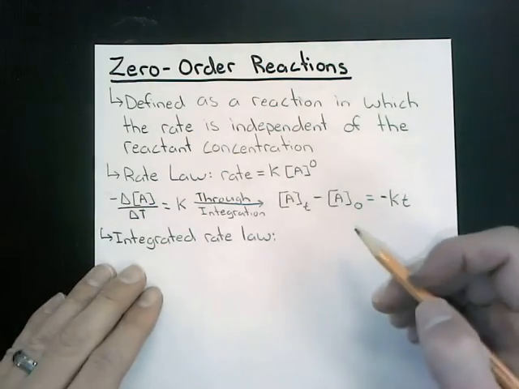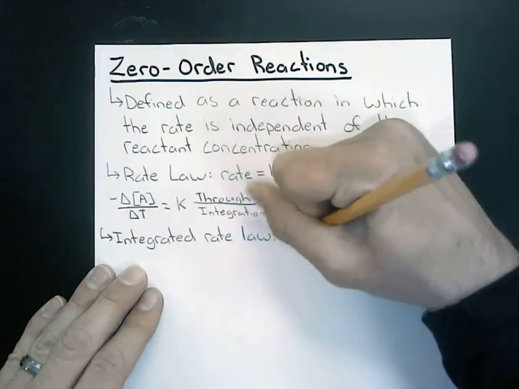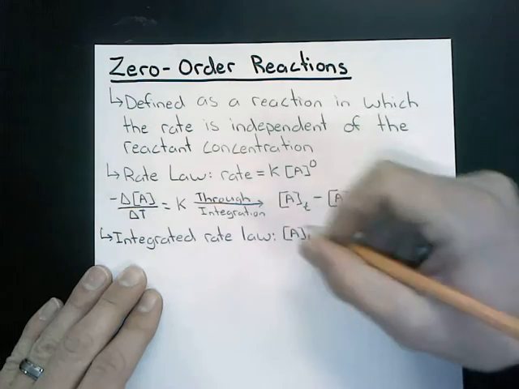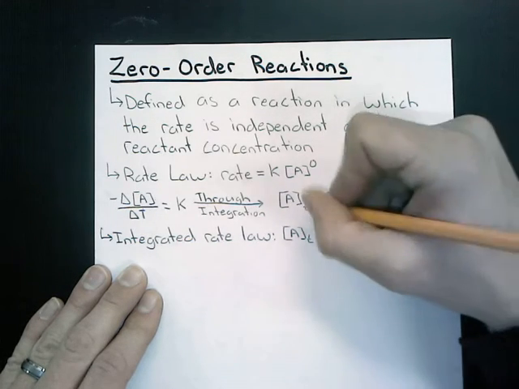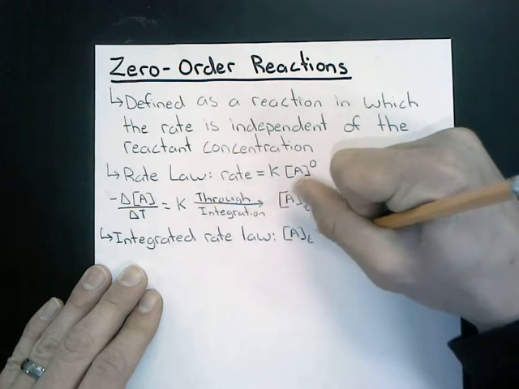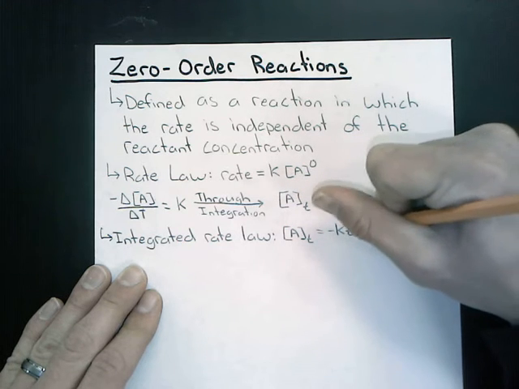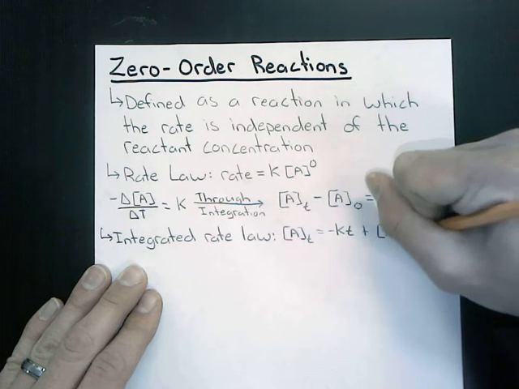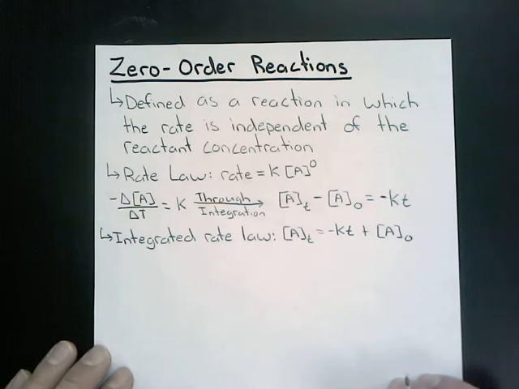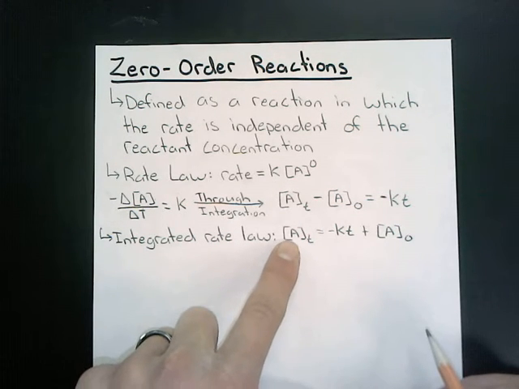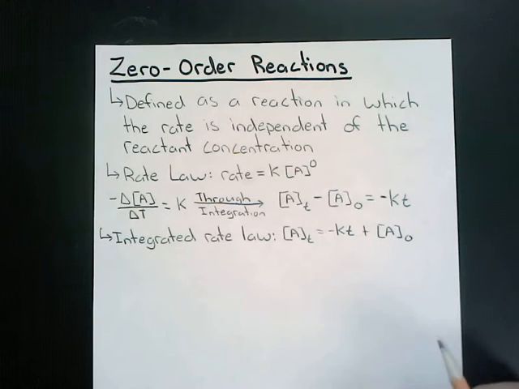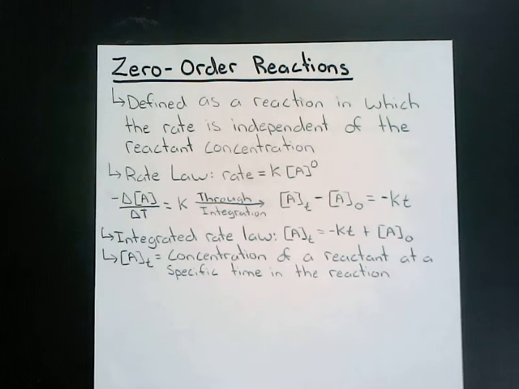The concentration of a specific reactant at a certain time equals negative kt plus our initial concentration of A. Just as a reminder, [A]t is the concentration of a reactant at a specific time in the reaction, and [A]0 is the initial concentration of the reactant.